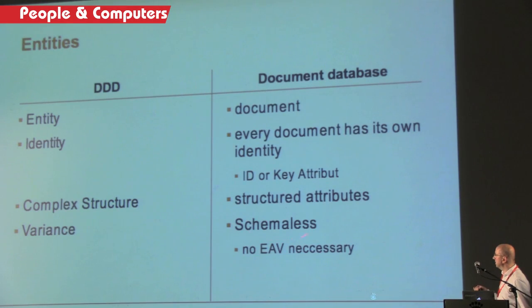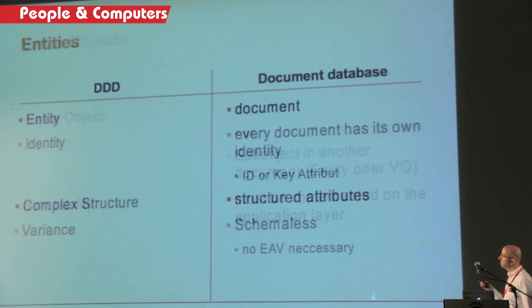And that is no problem because you have a schemaless document database, and that different documents in your database can have different number and types of attributes is no problem. And so what you don't need is an entity attribute value structure that you would need if you would try to map it to a relational database.